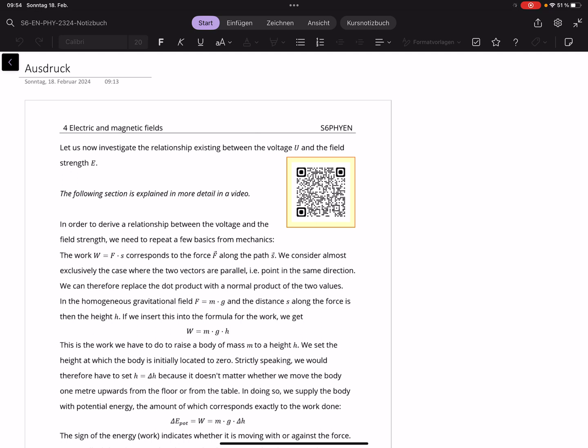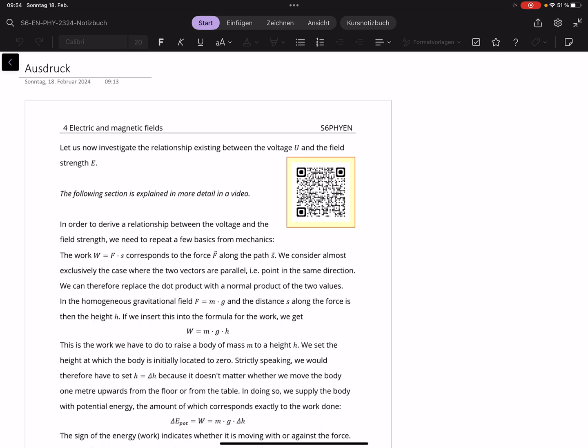Now we know that each charge is creating an electrical field, and that there is an interaction between these two fields. And from gravitation we know that the force between two masses is equal and oppositely directed. So both act with the same force on each other.